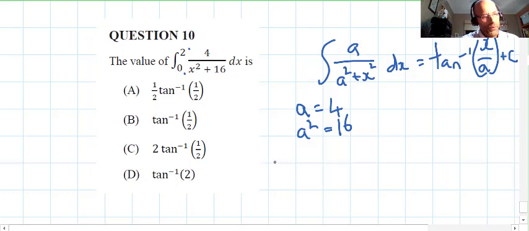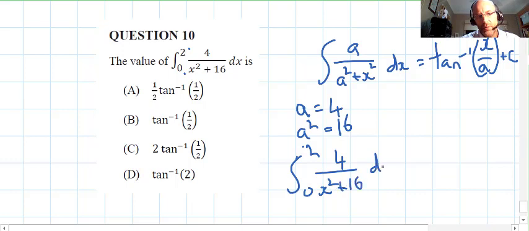So we're looking at inverse tan for this expression here, x squared over x squared plus 16 on the bottom, and we've got arctan of x over 4.